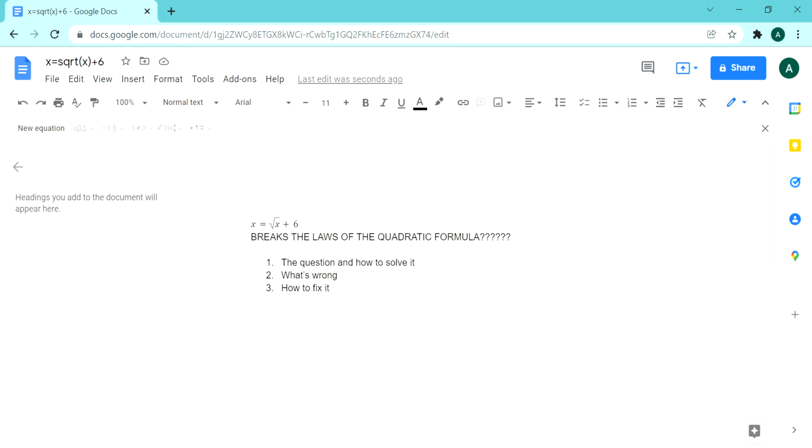So to calculate this, the question, how you solve it is you simplify it to x minus 6.